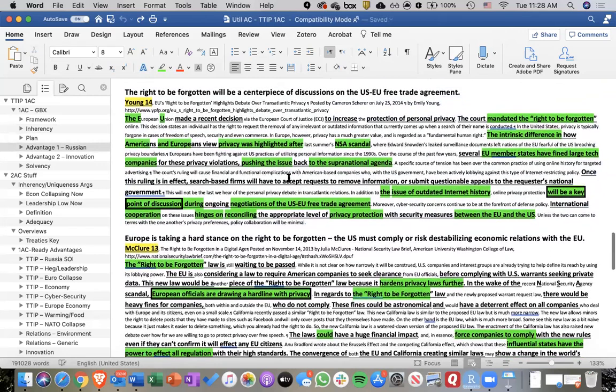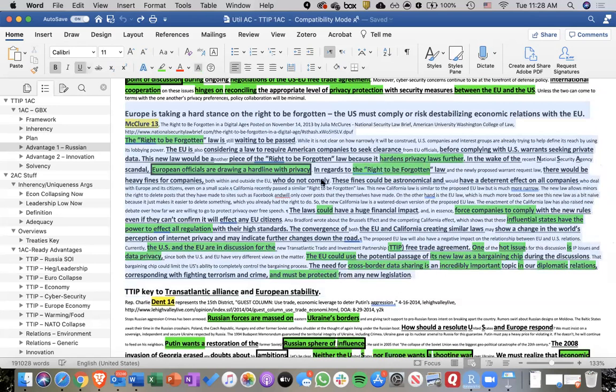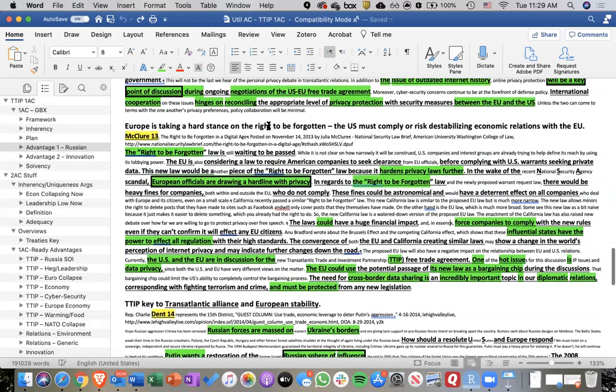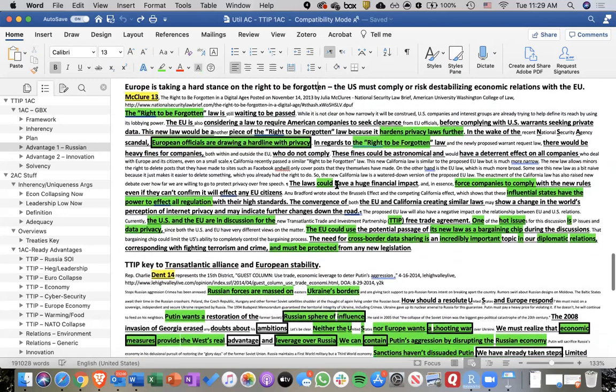Specifically here, it's talking about how the right to be forgotten is a key point of the US-EU free trade agreement. This is essentially a link for why the right to be forgotten must be complied with by the United States in order to have good trade relations with Europe and the EU. So that is the link to the topic, if you think about it.